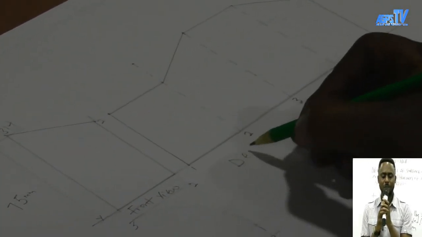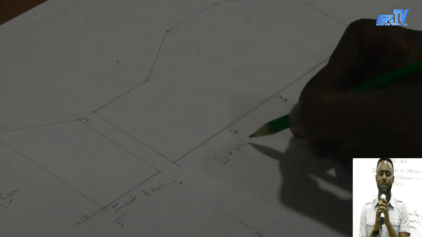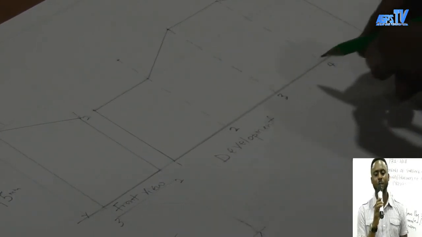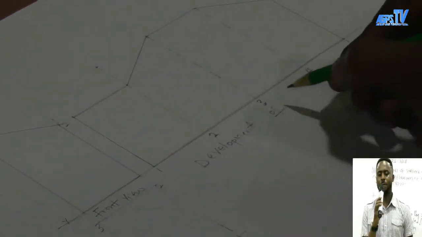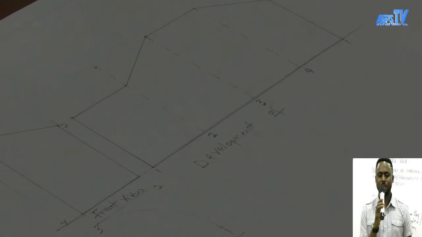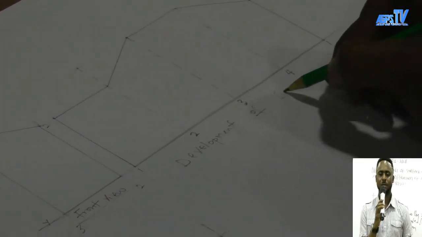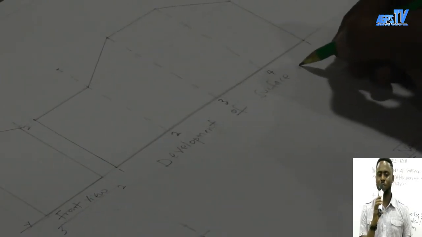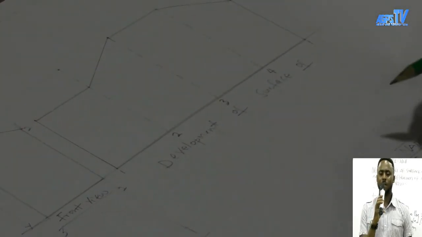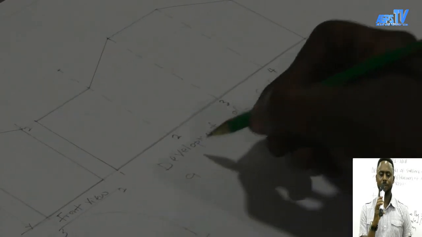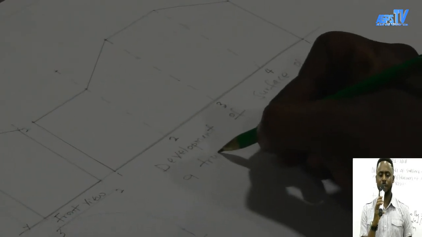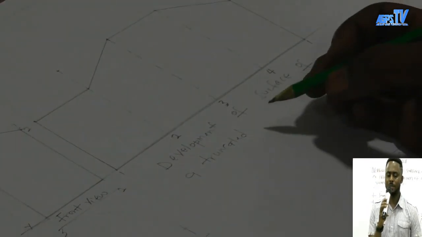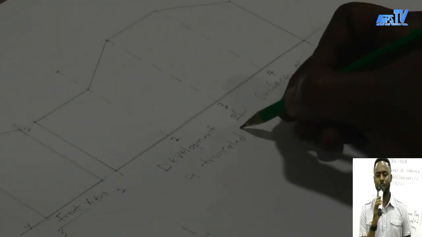So I write: development of the surface of a truncated or the frustum of a square prism.